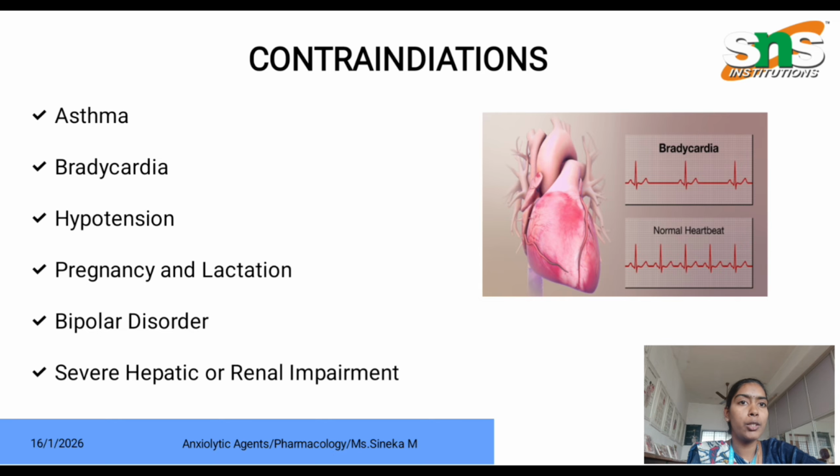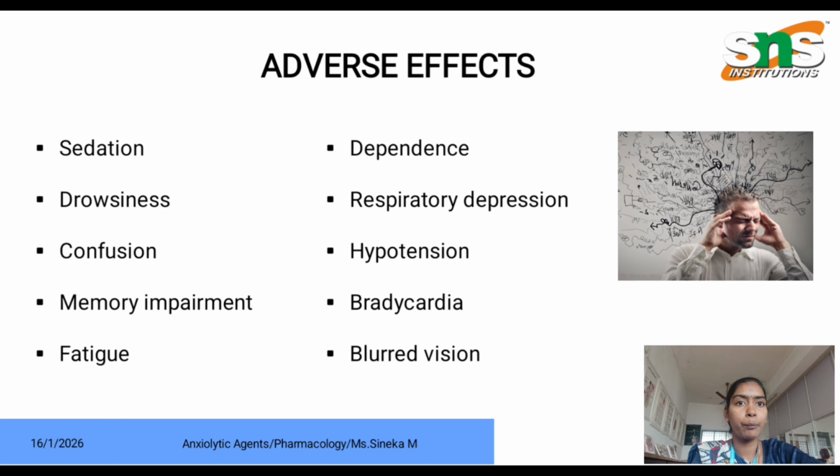For bipolar disorder, we should not advise anti-anxiety medications because they can induce mania, leading to further complications. For severe hepatic and renal impairment patients, we should not give anti-anxiety medications because they will affect both the liver and the kidney.